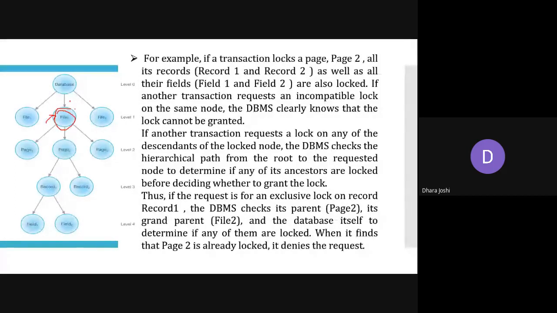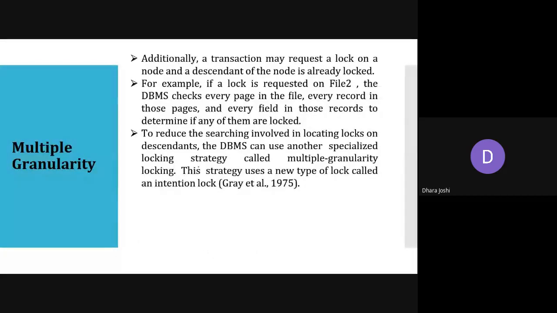So what we can do is have a new strategy, and we call this kind of lock an intention lock. Till now we have studied only two types of lock, shared and exclusive. A shared lock is used for just reading the data items, and exclusive locks are used for reading as well as writing the data items.